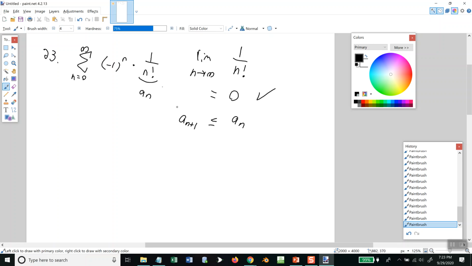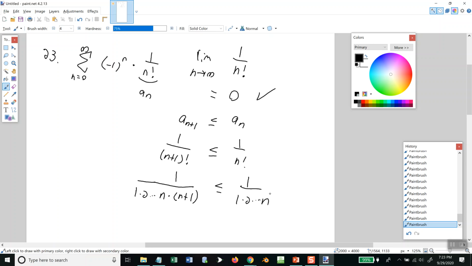If I plug n plus 1 in, I'm going to have 1 over n plus 1 factorial. This means 1 times 2 all the way up to n times n plus 1. This one is 1 times 2 all the way up to n.